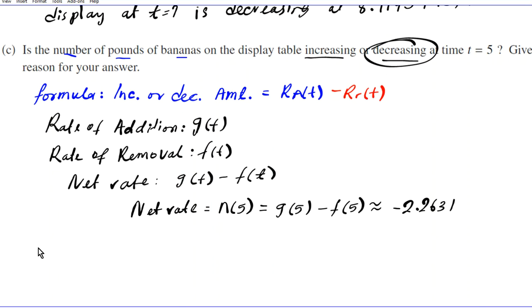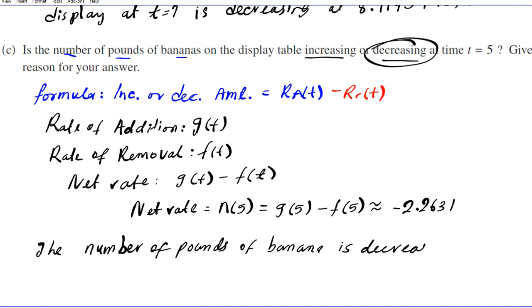The number of pounds of banana is decreasing at t equals 5. Is that good enough? Well, the answer is no. This is just for one point.